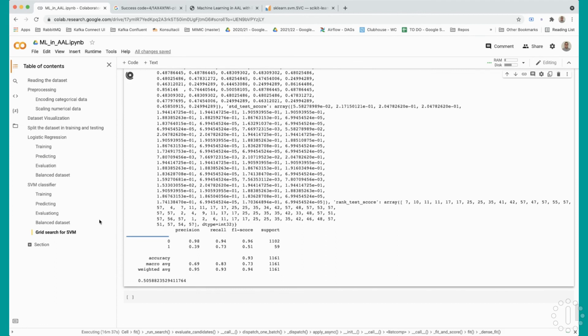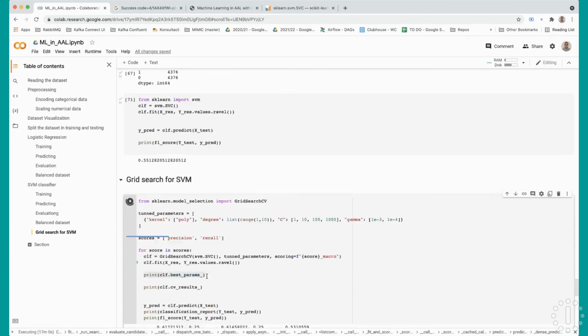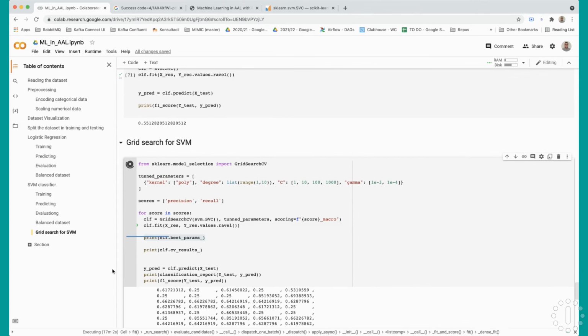But the most important for us is that this method has found, for those parameters, an F1 score of 0.5059, which is actually not better than the one that we previously had, but that is with the new parameters over here.